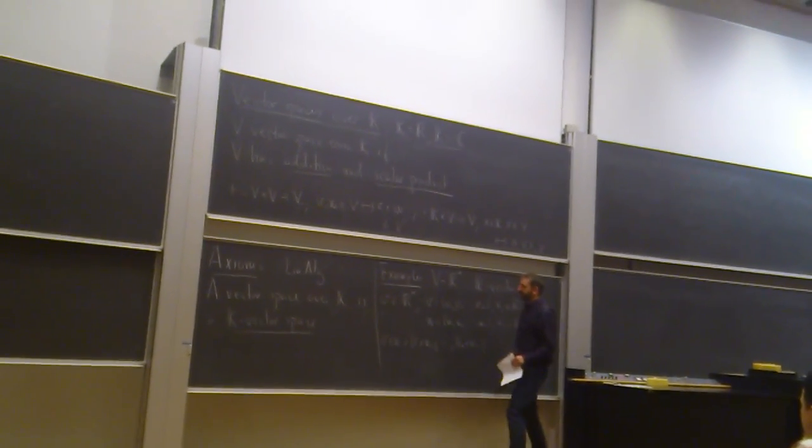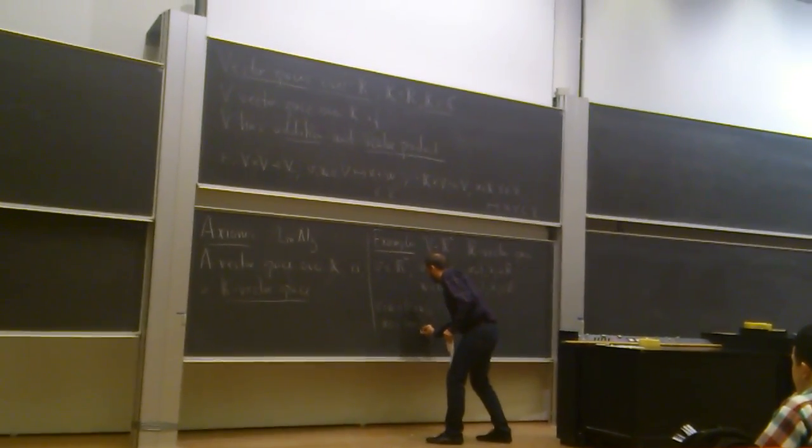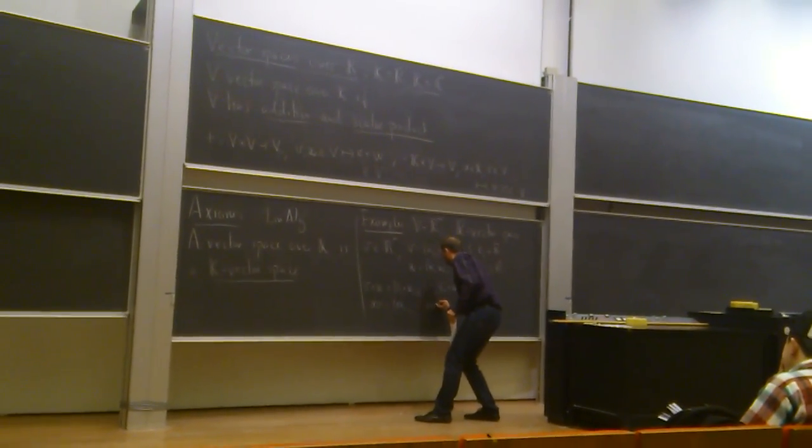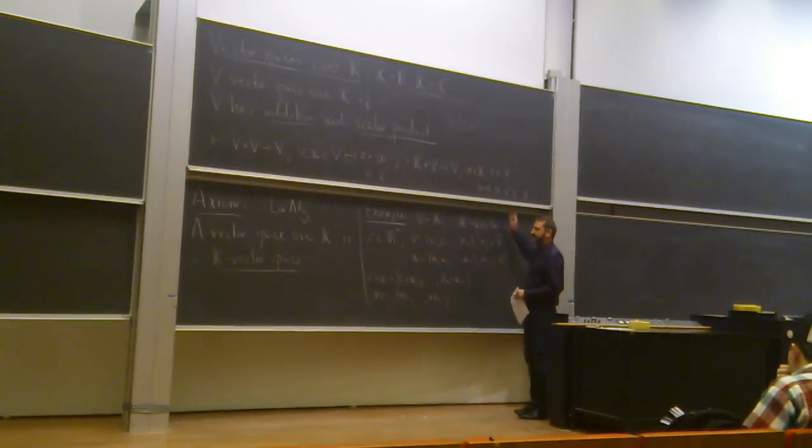Like this. And alpha times v is then alpha v1, ..., alpha vn. So this, I guess, is well known.